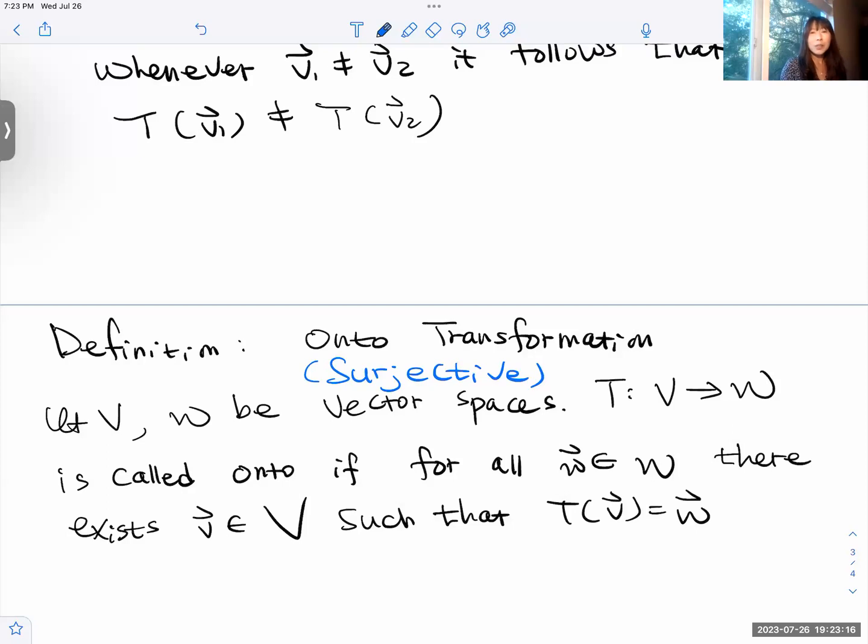Some books indicate surjective function for onto. All right, so since we are talking about the solution, right?